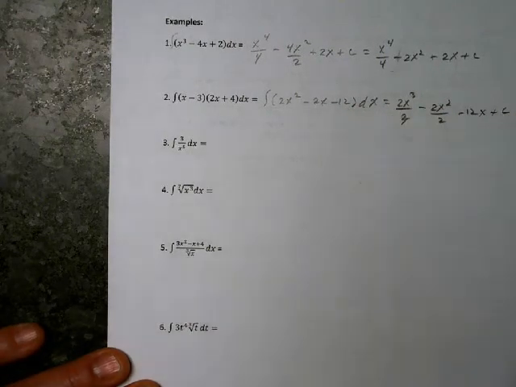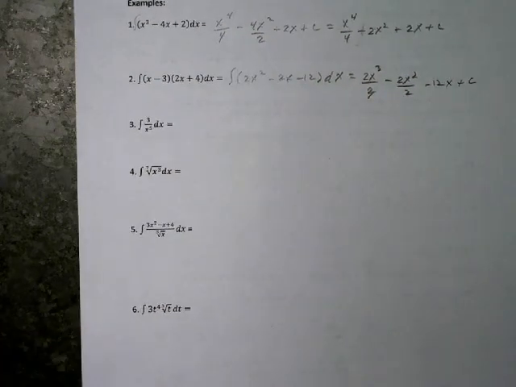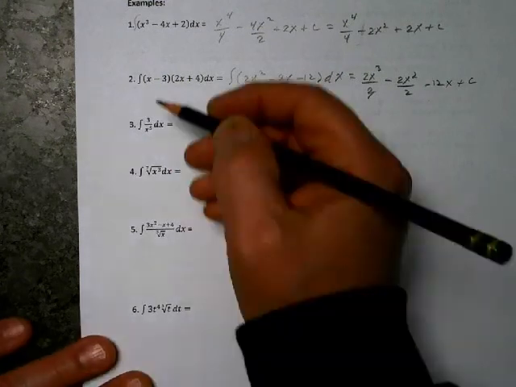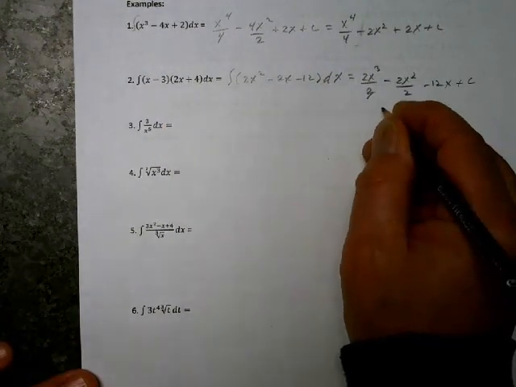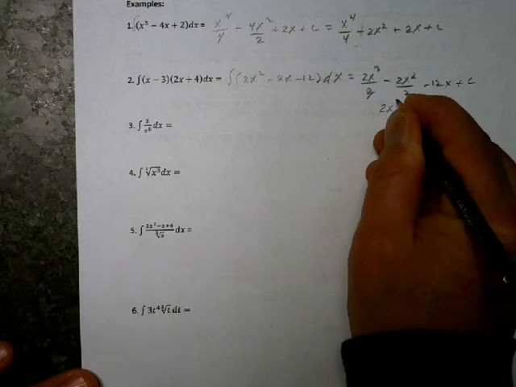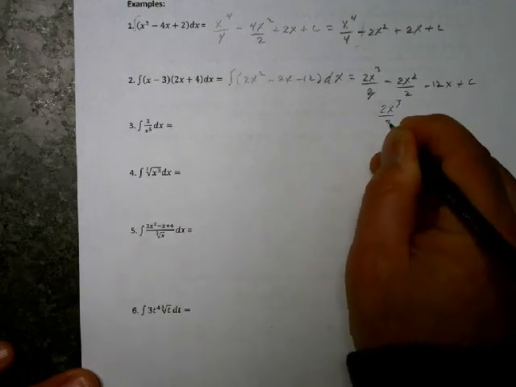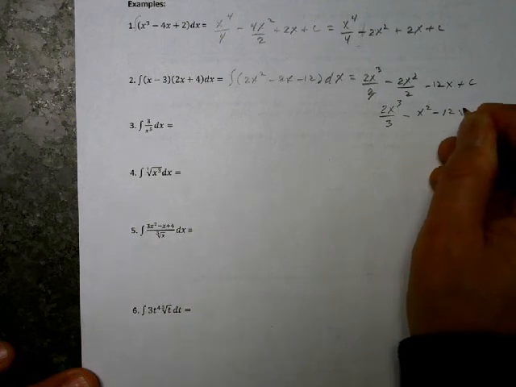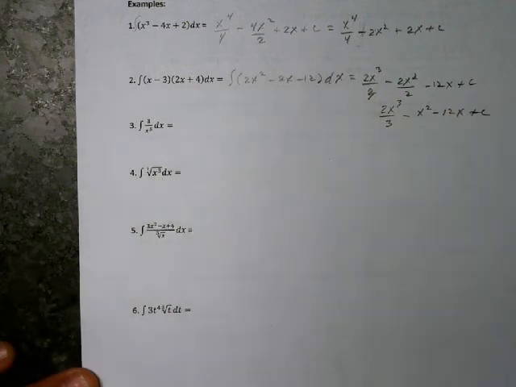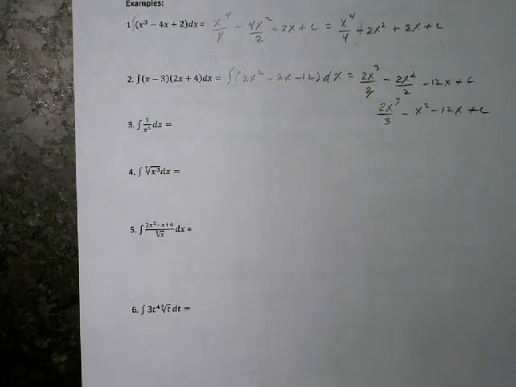If you have a constant, you put on an x, and then you always have to put a plus c if it's an indefinite integral. I know it's indefinite because I don't have numbers here, and we'll talk about that later. So my final answer here is 2x cubed divided by 3 minus x squared minus 12x plus c.